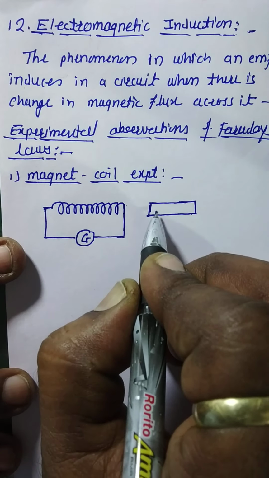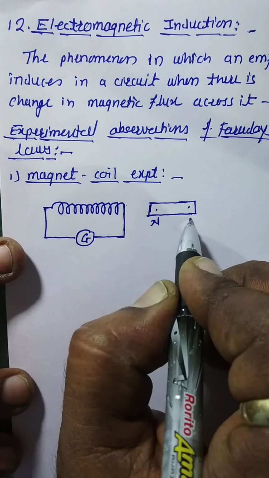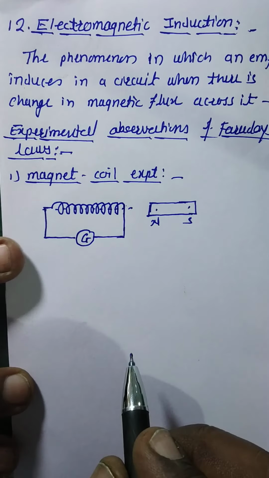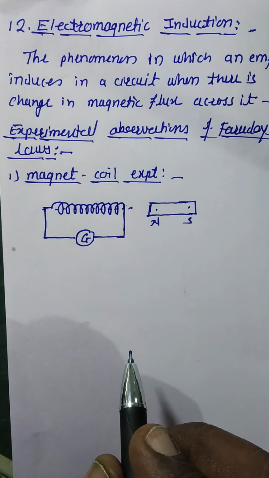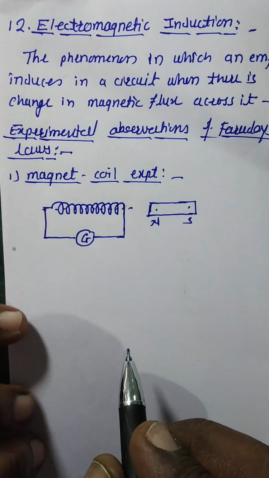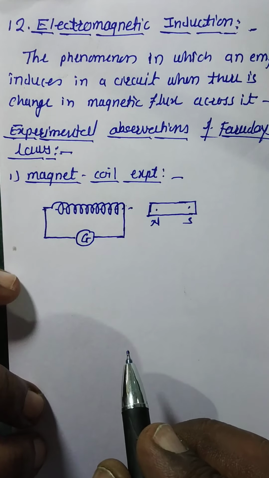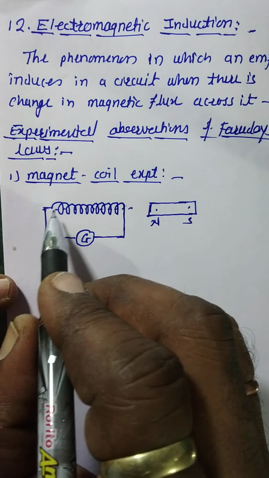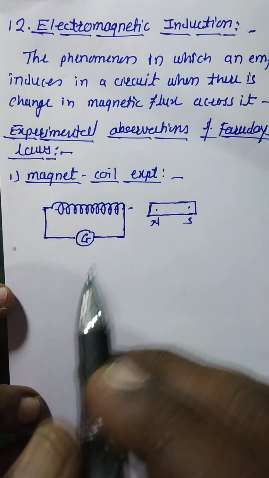Suppose this one as N pole, this one as S pole, like this. See here. Experimental arrangement consists of a coil connected to galvanometer which formed a closed circuit and a magnet.